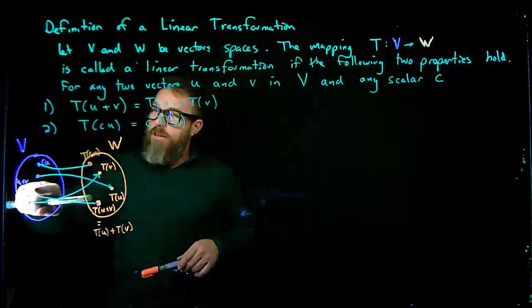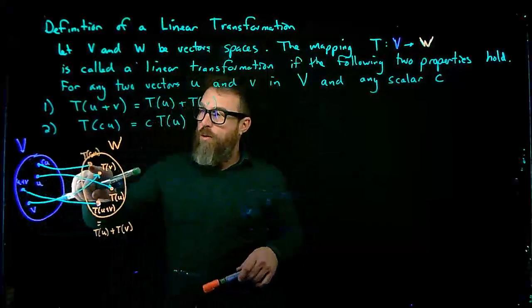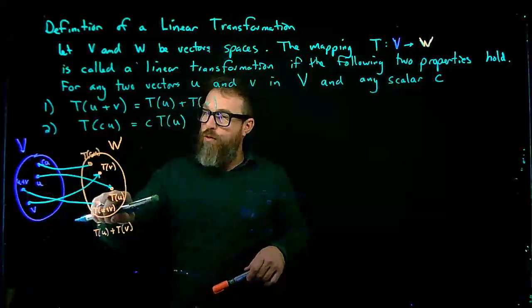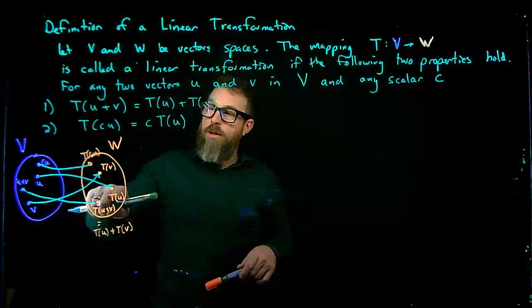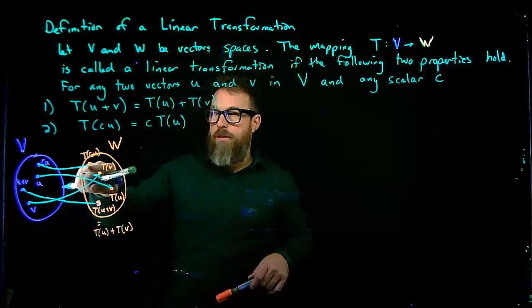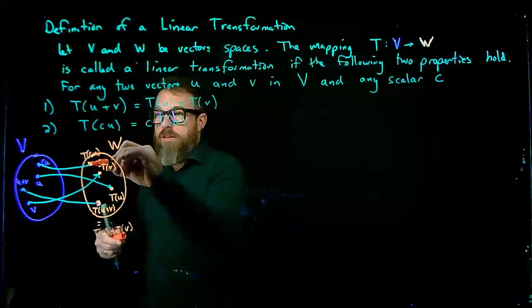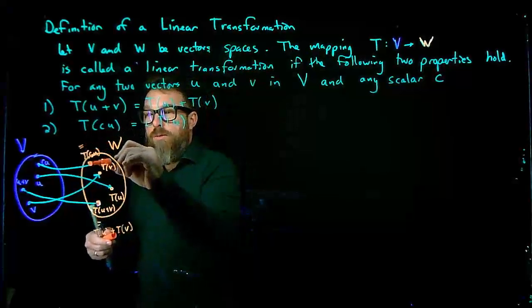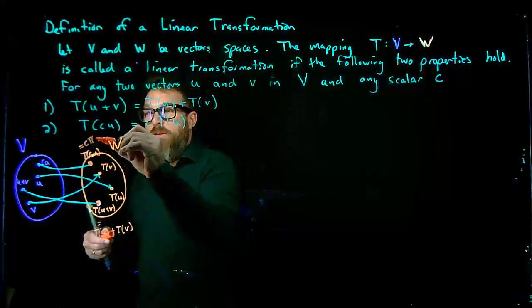If I multiply t of u times c, I'll get the same spot. It'll land in this exact same thing. So this vector right here is also c times t of u.